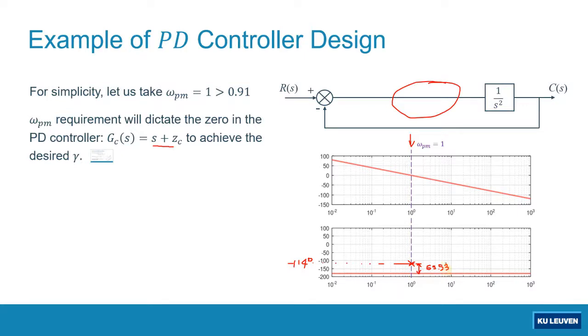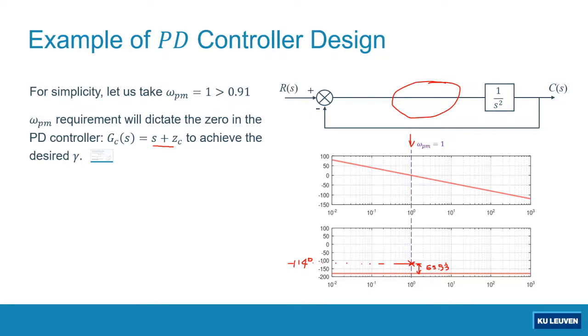So we have to introduce a controller that will bend the phase plot such that the new phase plot will cross minus 114 degrees.